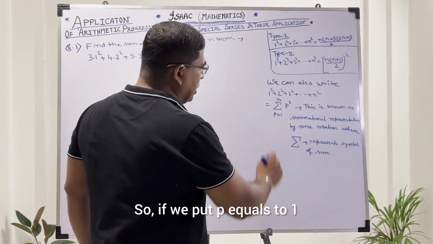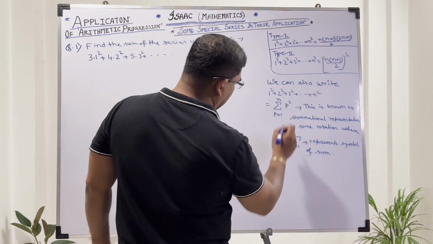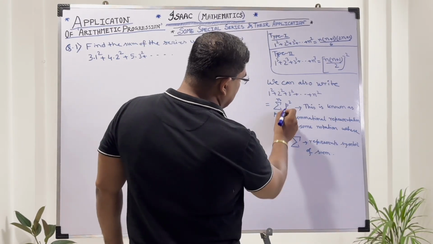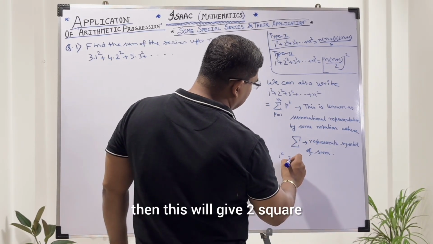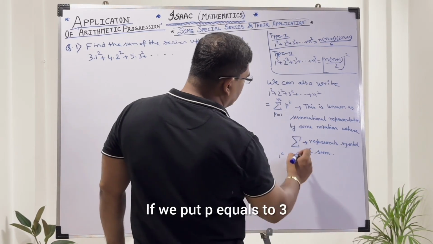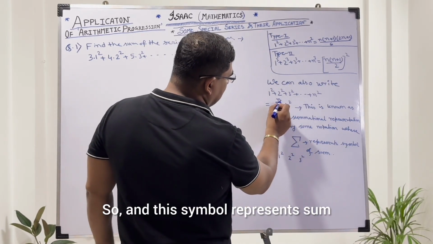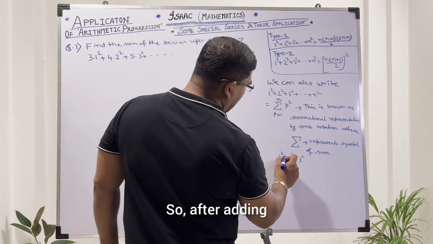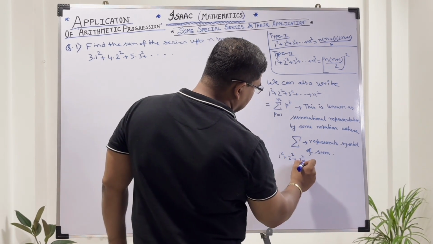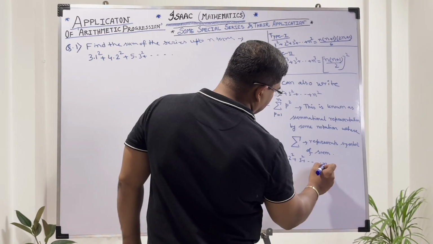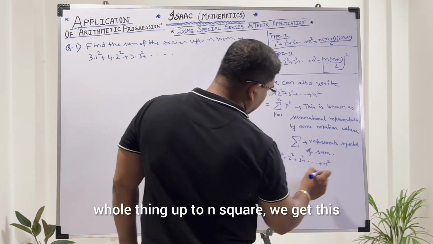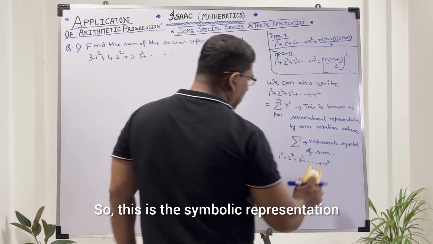Okay, so if we put p equals to 1, then this will give 1 square. If we put p equals to 2, then this will give 2 square. If we put p equals to 3, then this will give 3 square. Okay, and this symbol represents sum. So after adding this whole thing up to n square, we get this. So this is the symbolic representation.